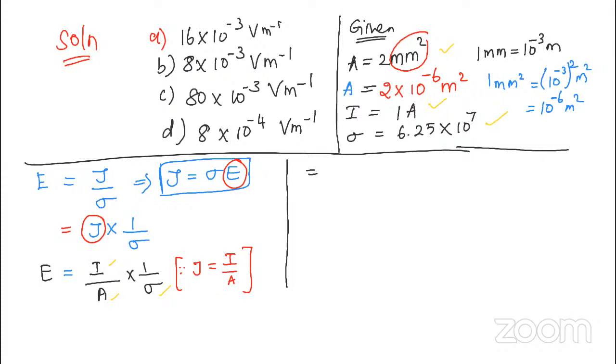It is 1, divided by A, which is 2 into 10 power of minus 6, into sigma, which is 6.25 into 10 power of 7.